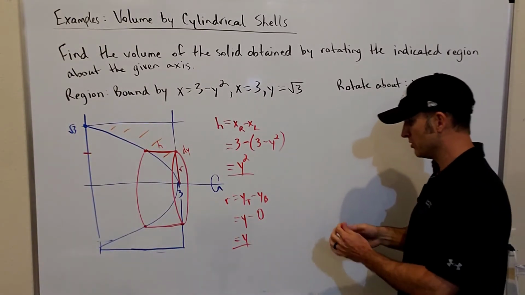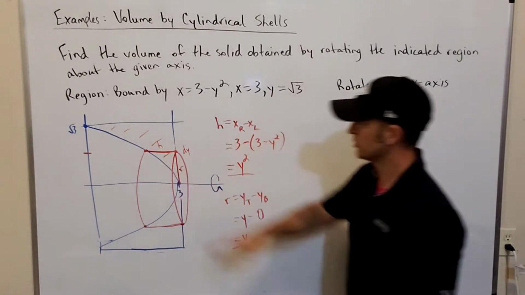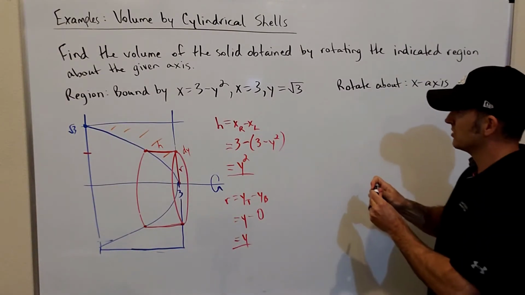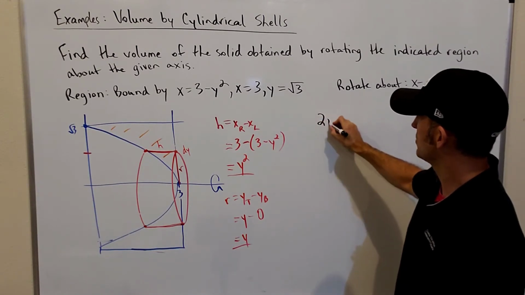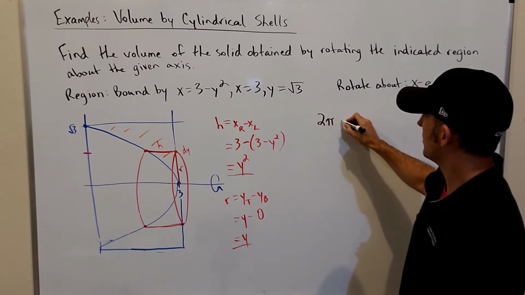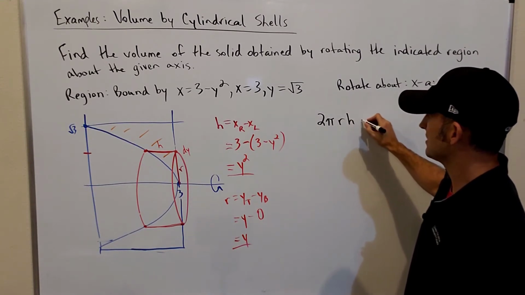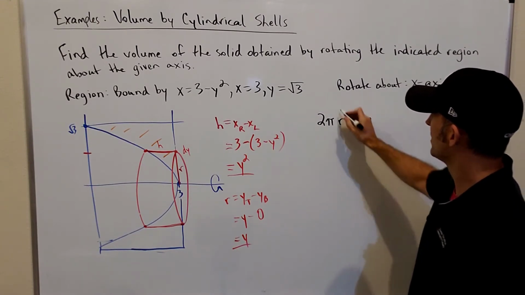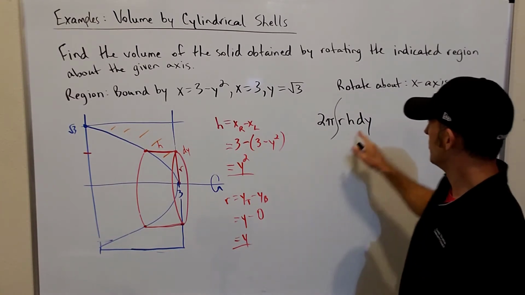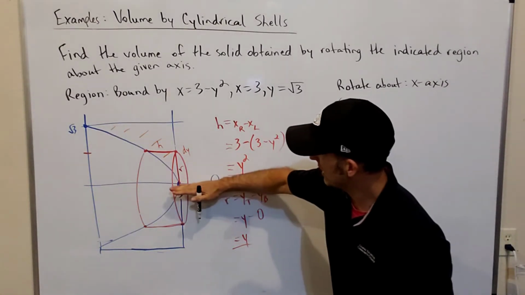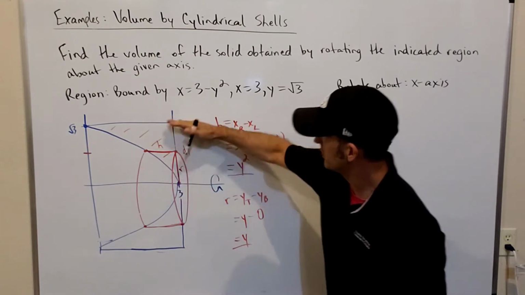So now we're going to set up the integral to represent the volume. So to get the volume of this whole thing, I've got to do 2 times pi times my radius times my height times my thickness dy. I need to add all of those together from y equals, so y is going from 0 to the square root of 3.